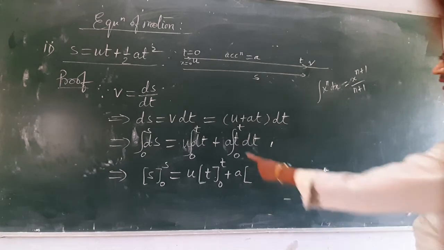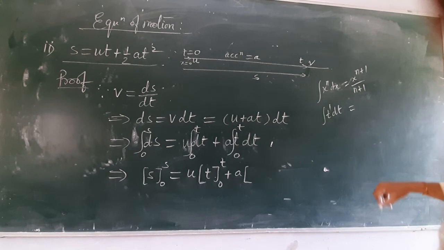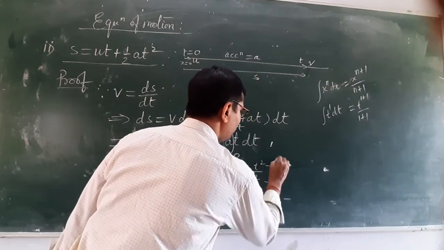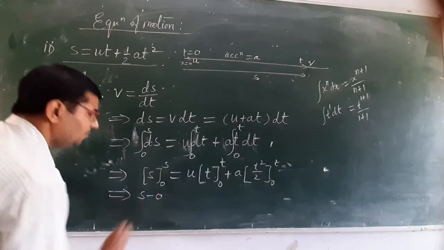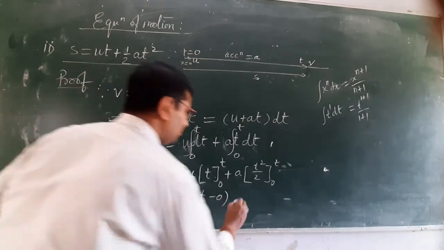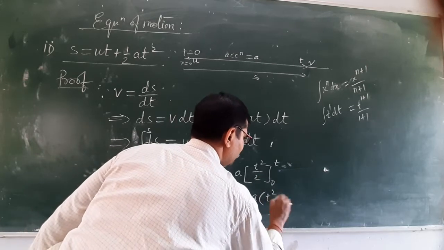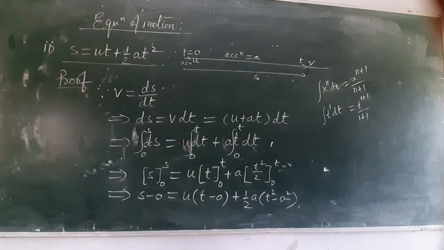So here integration of t dt, t to the power 1, becomes t square upon 2, from 0 to t. Now this will be upper limit minus lower limit, u times upper limit minus lower limit, plus 1 by 2 a times upper limit minus lower limit. So s is equal to ut plus half at square.